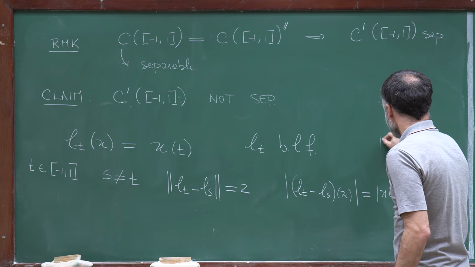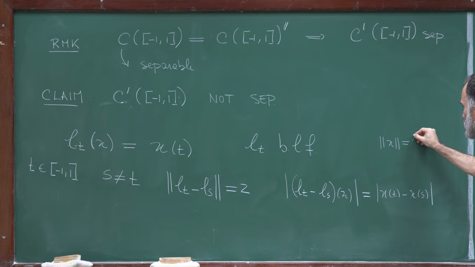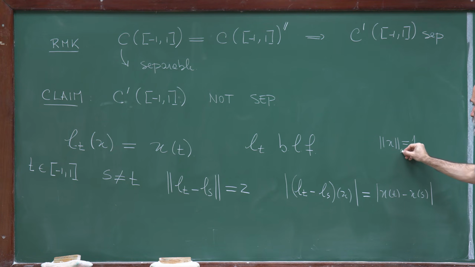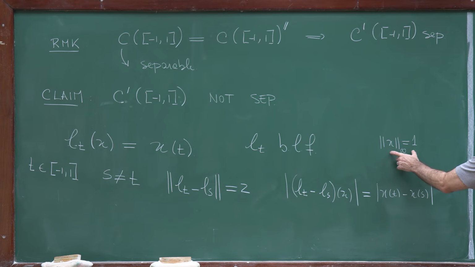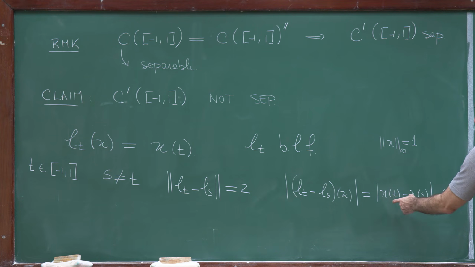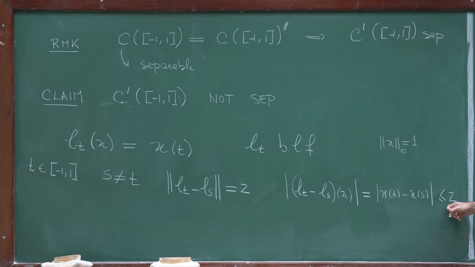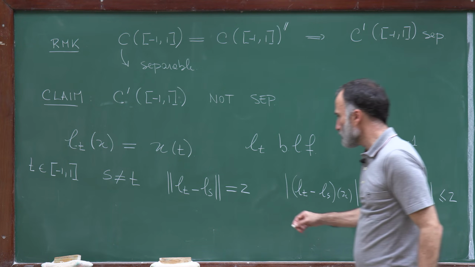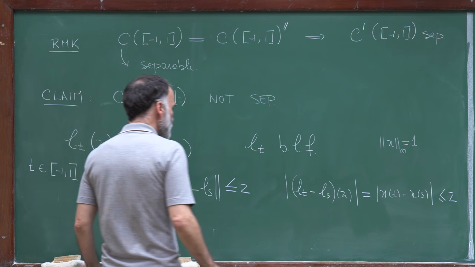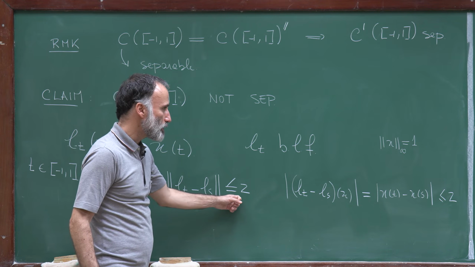And if I take x, a continuous function whose infinity norm is equal to 1, this means that x is bounded by 1. So this is bounded by 2. And this holds for all functions x with infinity norm equal to 1. So if I take the supremum here, I get that the supremum is bounded by 2. And therefore, this proves that L_t minus L_s has norm less than or equal to 2.